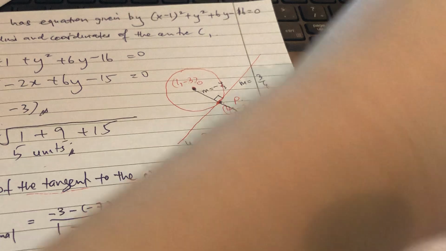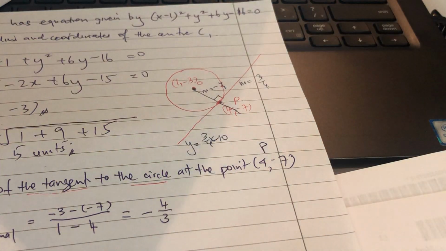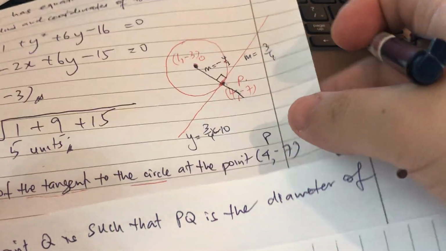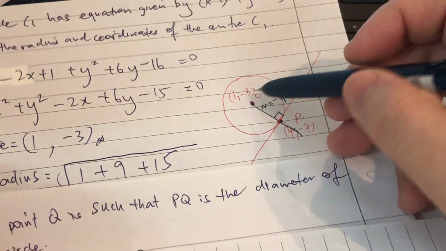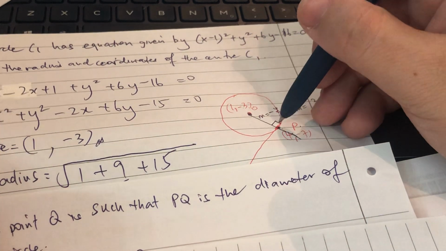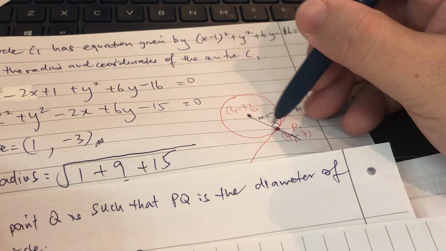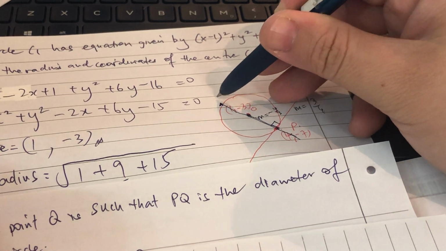Okay. Now next part, they say the point Q is such that PQ is the diameter of the circle. Oh, I see. This is already the radius, right? So PQ must be a straight line, so that means Q is at the other end.